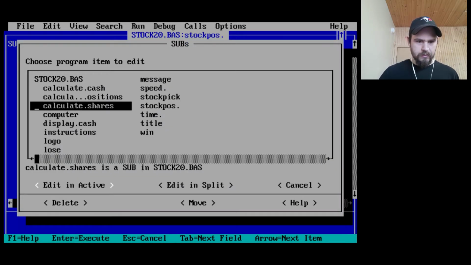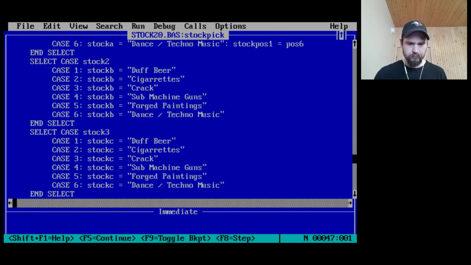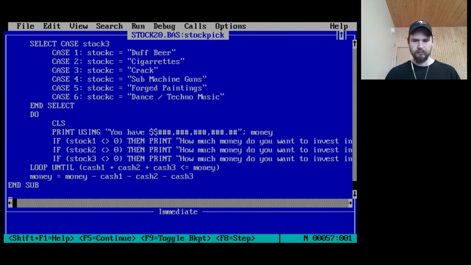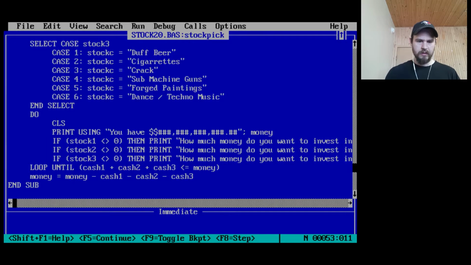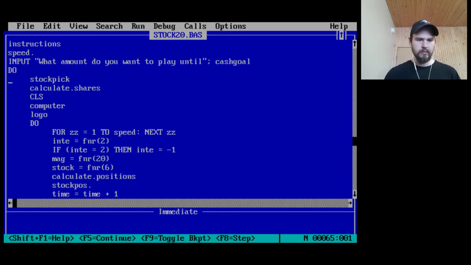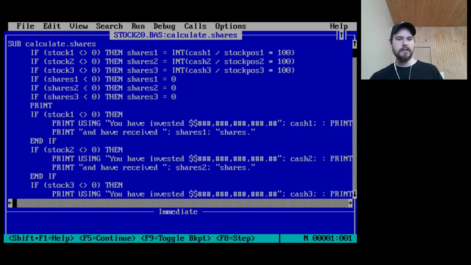Let's go back to stock pick. Okay, how much money do you want to invest in each one of them, and just throw it in a cash variable. Take away the money and then continue. Now we calculate shares. This is a new thing.